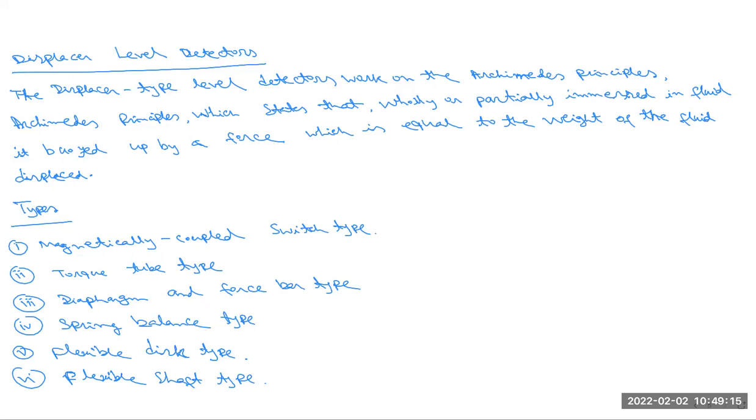Number five, flexible disc type. And number six, flexible shaft type. In our process control industry, we majorly use two types: one is the torque tube type, another is the spring balance type. So this is what is almost always used, and there are also other types of level detectors for measurement. So these are basically the displacer level detectors.